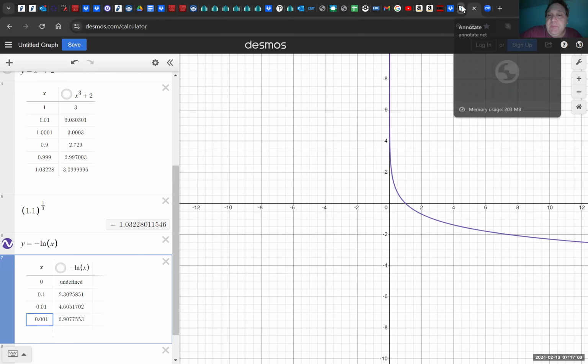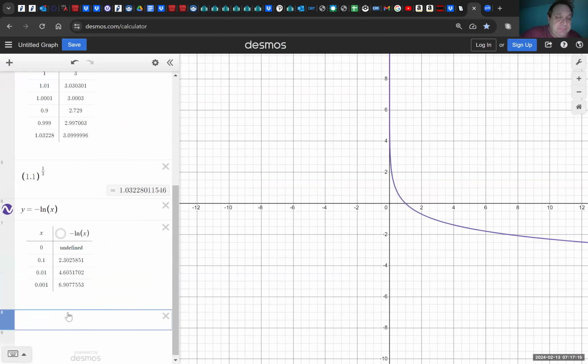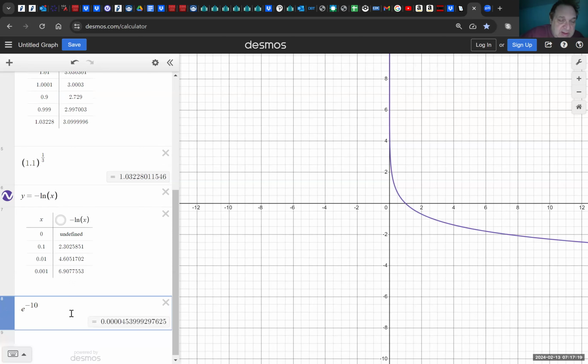We know that as long as we have an x number less than e to the -10, the y value will be bigger than 10. So let me compute e to the -10. And that's 0.00004.